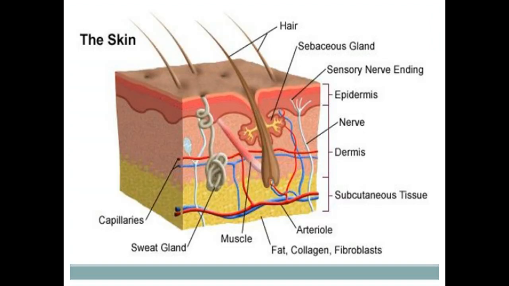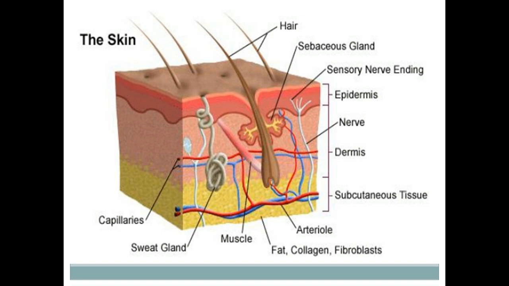Now dear students, come to see the actual picture of the skin. Here you can see epidermis on the top, and below that you can see dermis, okay. And below that you can see the subcutaneous layer or tissue, okay.